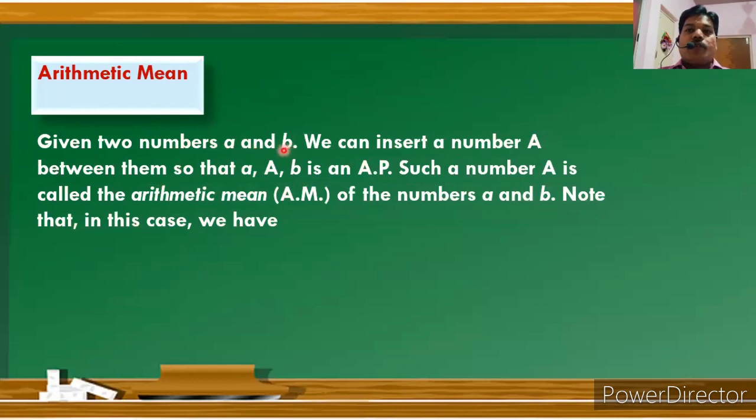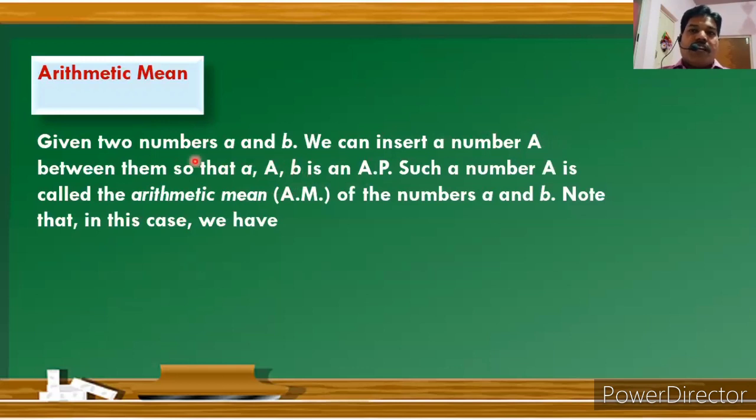So in between the two numbers, if you can insert a number A, and a, A, b are in AP, what is the meaning of that? The difference of the first two terms and the difference of the next two terms are the same. Then we can say that this capital A is called the arithmetic mean of a, b.